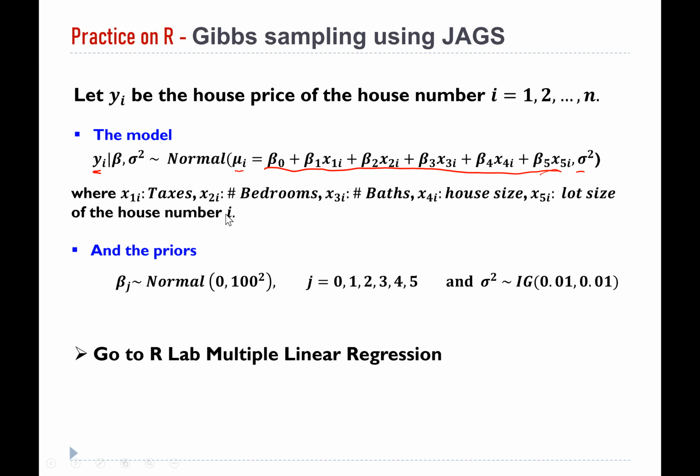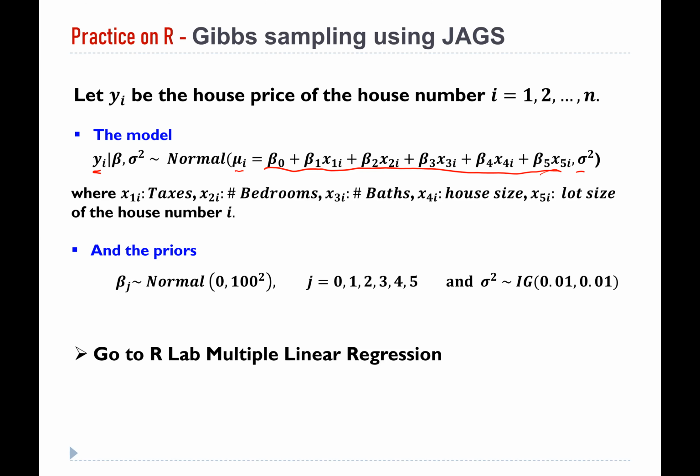What about the prior distributions? Let's assign a normal distribution with mean 0 and variance 100 squared, so 10,000. It means I have no information about beta j. But if there is some information available, I can make the mean not 0 and the variance a smaller value.